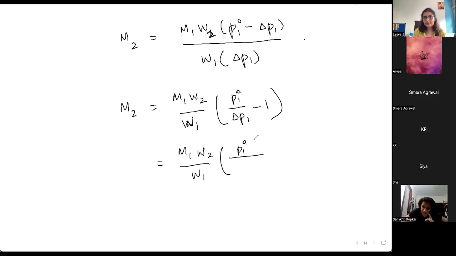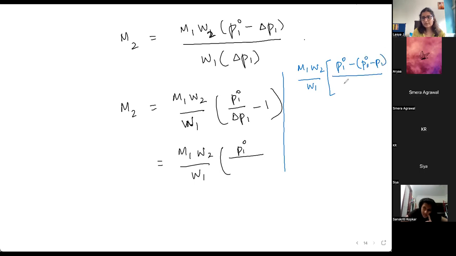I'll do it in a different color. So here let's do this. We have M1 W2 by W1. This will be the same anyway. This will be not minus delta P1 but P1 naught minus P1.